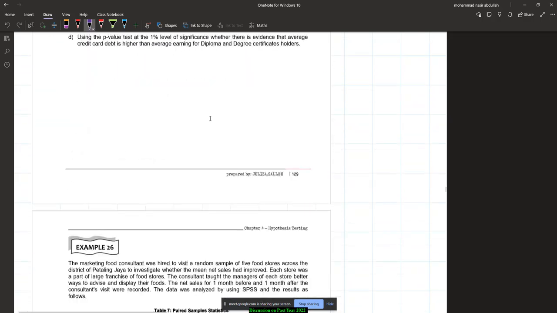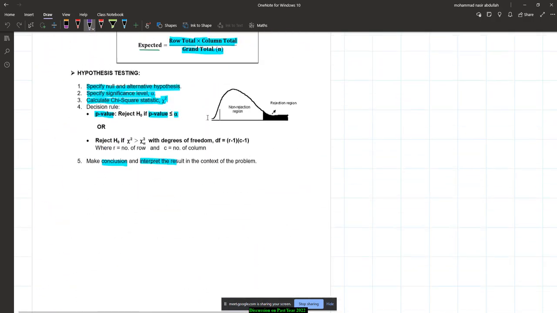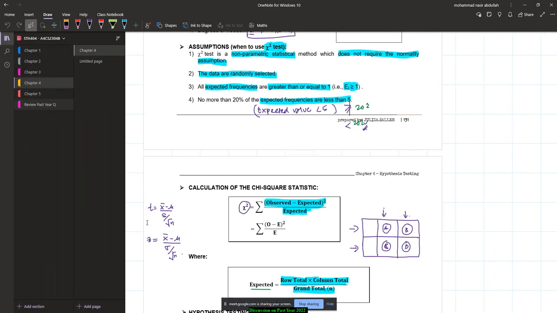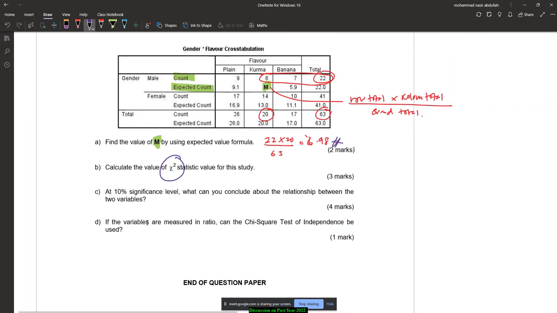So how to calculate the chi-square? Chi-square is calculated by the summation of observed minus expected, squared, divided by expected.